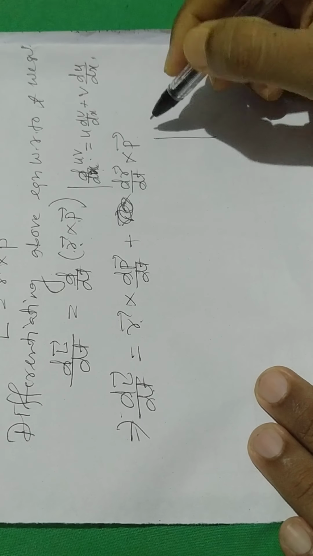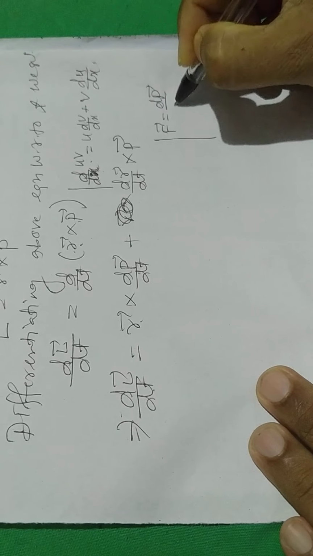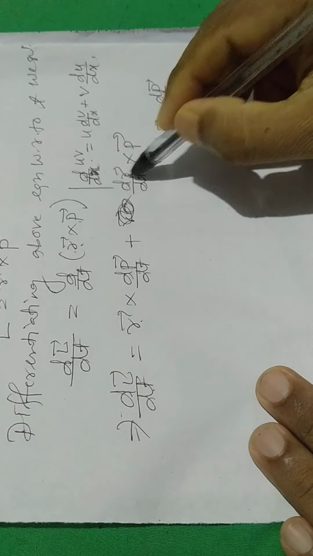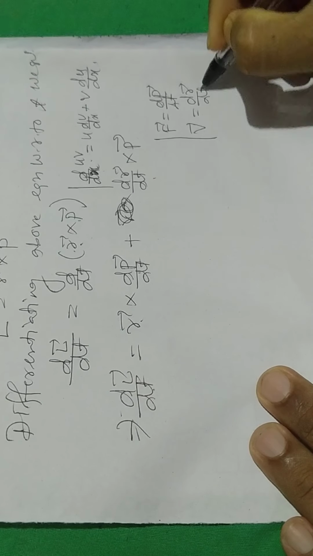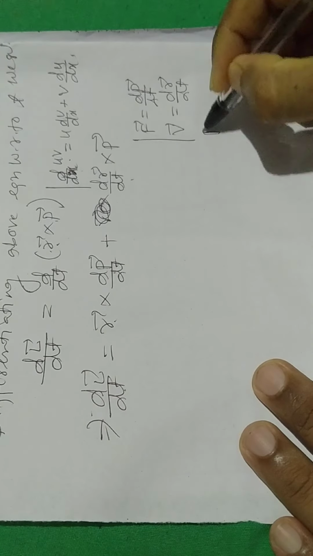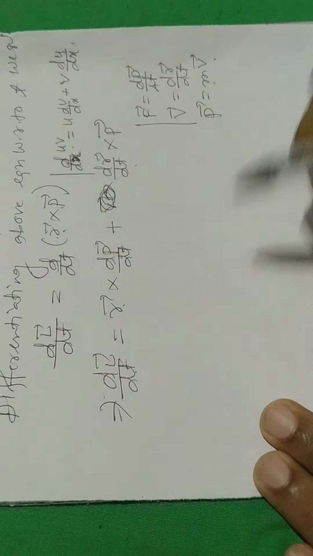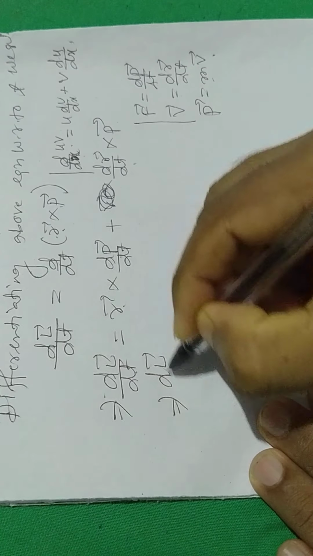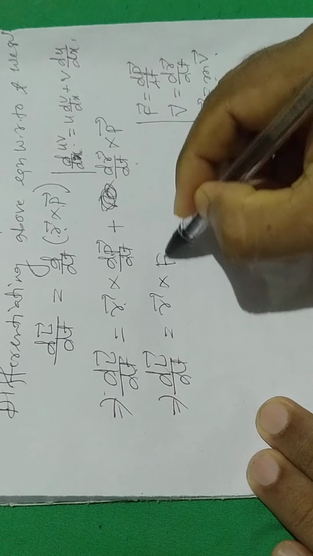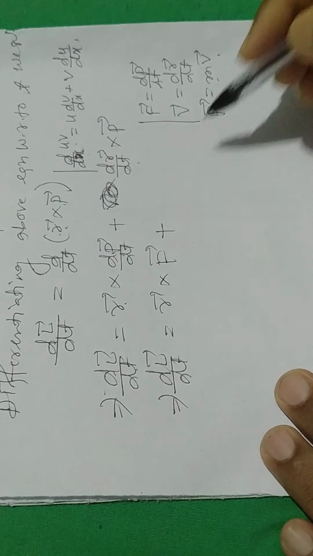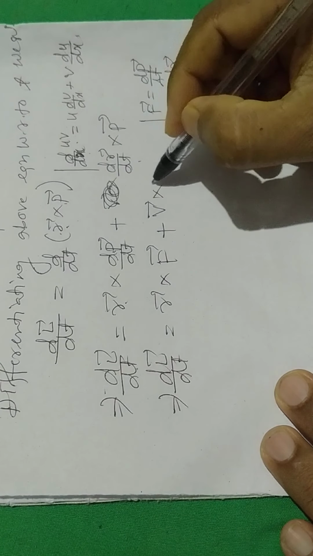So dp by dt, according to Newton's second law, F equal to dp by dt, and dr by dt is velocity, and p equal to mv is momentum. So dL by dt is r cross F, plus dr is velocity v, and p is mv.